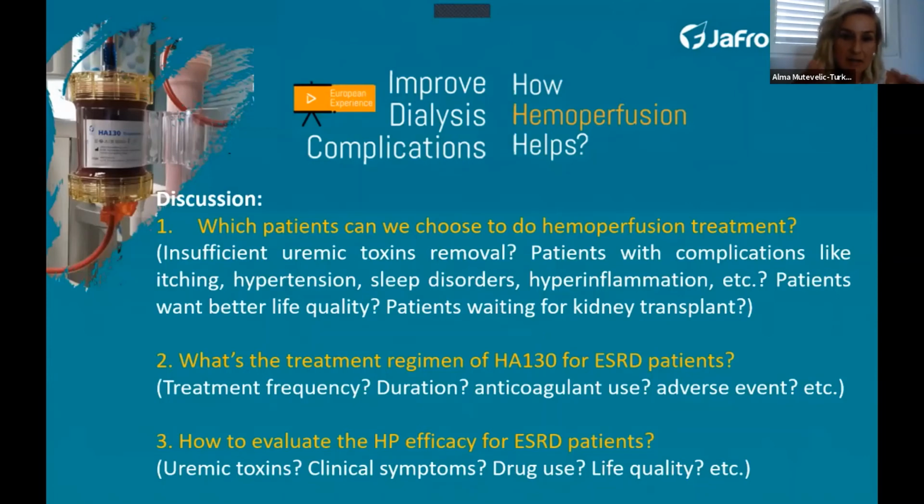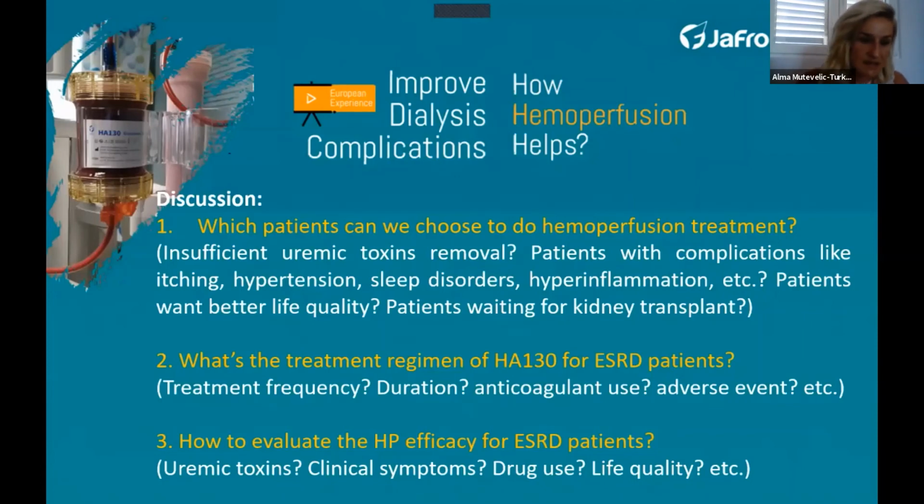So we didn't have maintenance treatment, we did individualized treatment for those patients, but the other 10 patients that we included in our study received hemoperfusion once a week, 2 weeks in a row. Afterwards, they received it bi-weekly, and then once a month as a maintenance dose, and they are going to receive it still longer because we are continuously monitoring them.